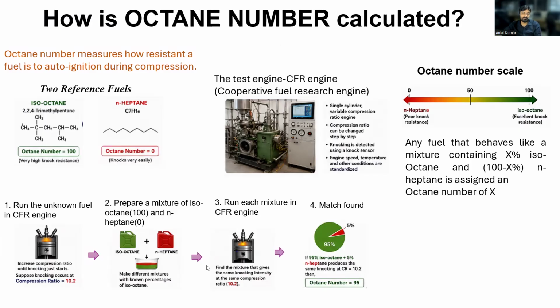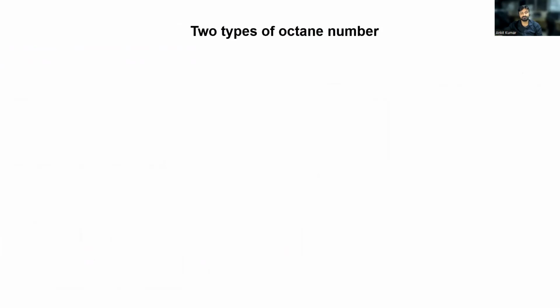If you get a match, at what ratio the isooctane and N-heptane make the same noise as the unknown fuel, that percentage of isooctane, let's say it is 80%, will be the octane number for the unknown fuel. And this is how scientists measure the octane number for an unknown fuel. I hope this is clear to all of you how octane number is measured in the laboratory.